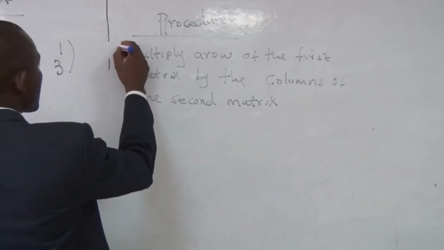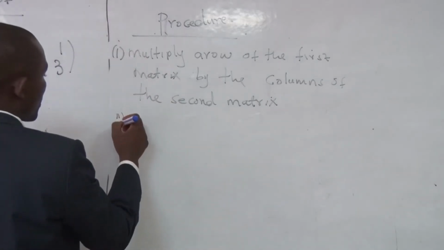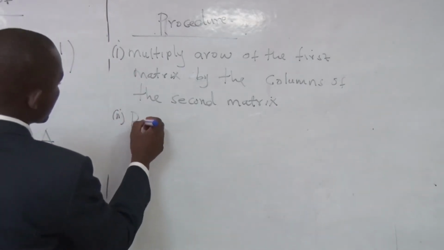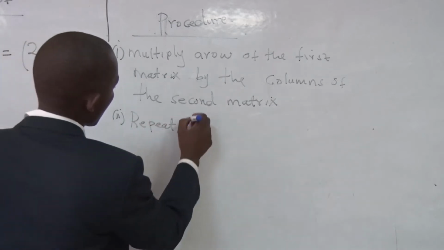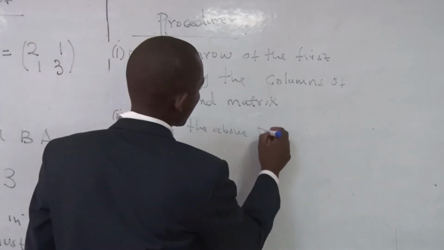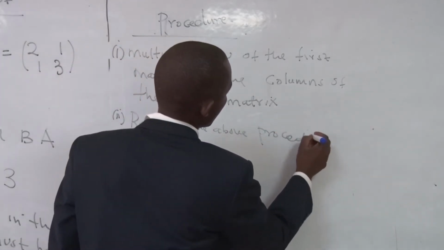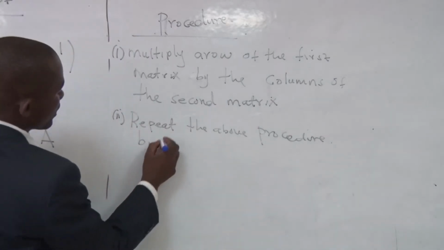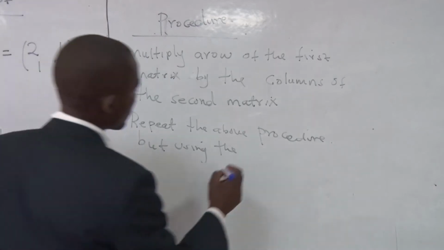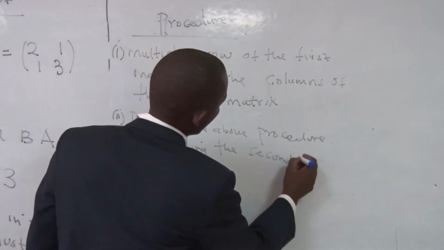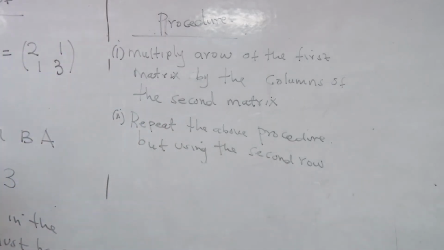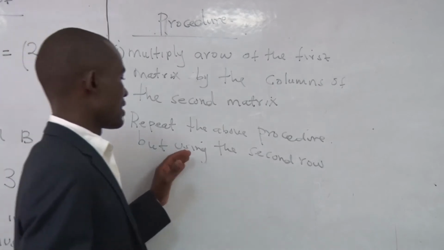Once you are done with that, number 2: repeat the above procedure but using the second row.